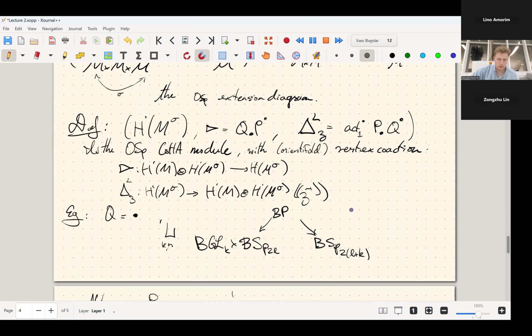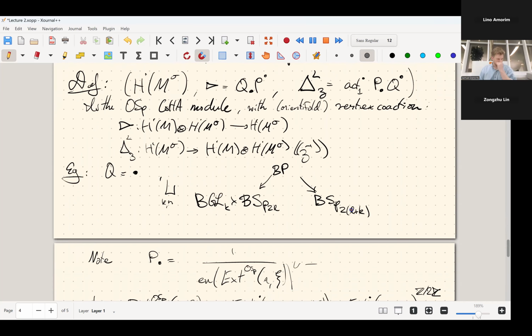Okay, thank you. Yeah. So what's the most straightforward example? The most straightforward example is when we take the quiver which is just a single point, then our extension diagram is just the classifying space of the parabolic that defines parabolic induction in some classical type.